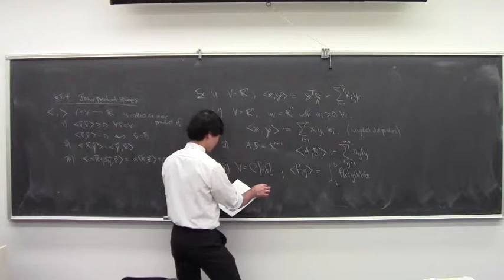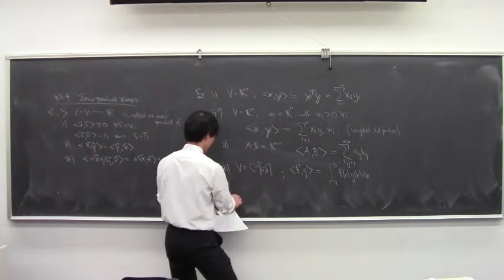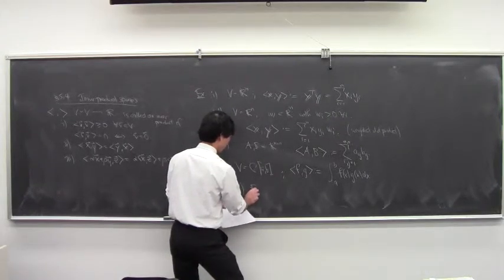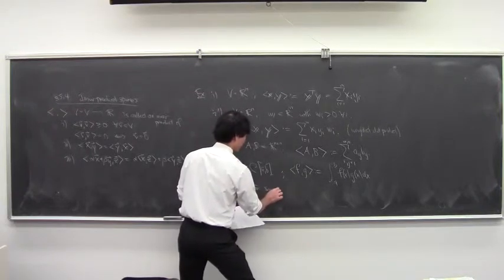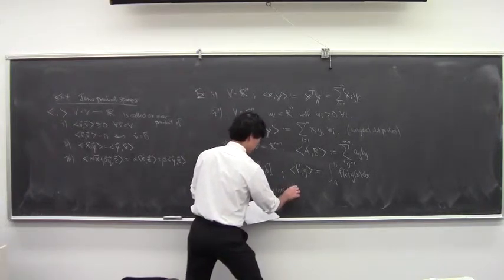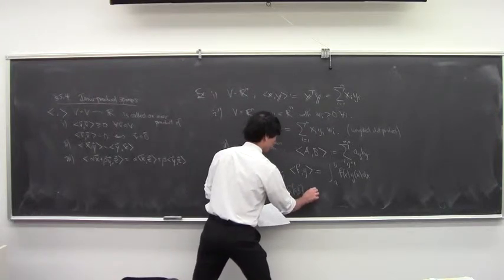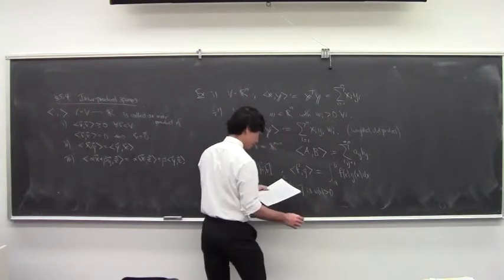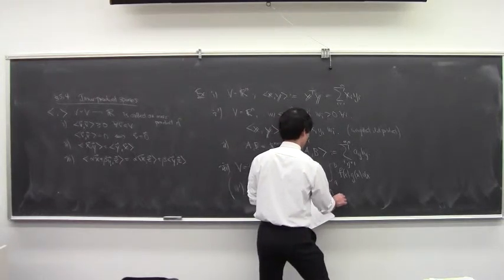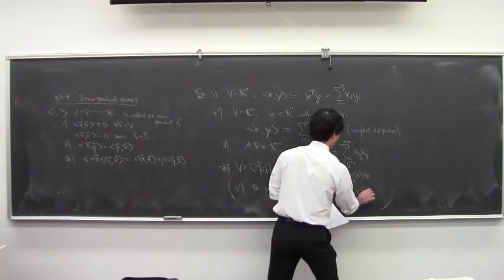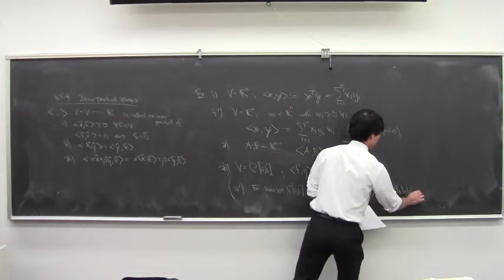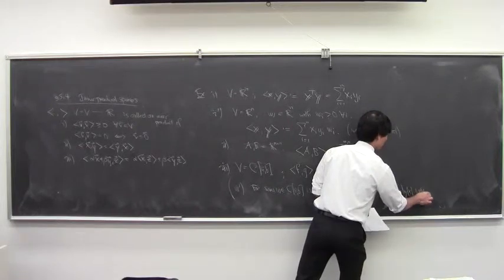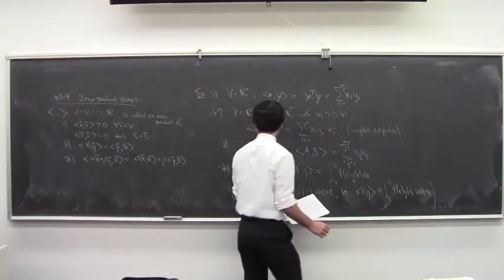You could introduce a w, some continuous function such that the function is positive everywhere, and let the inner product of f and g be the integral from a to b of the weighted integral.